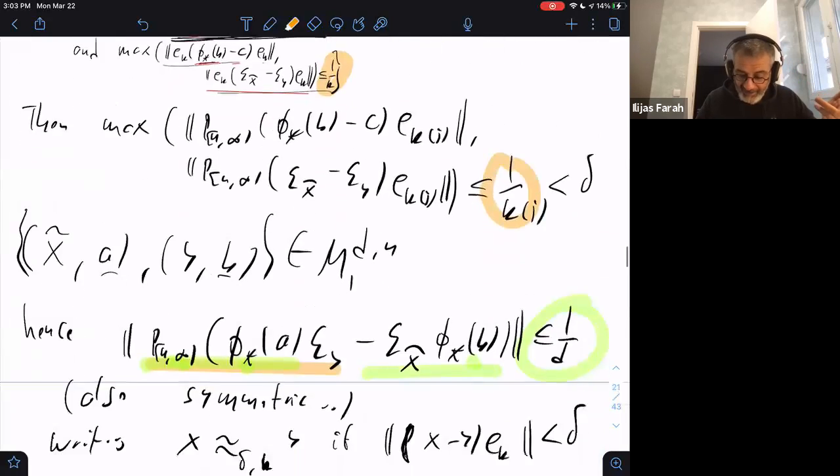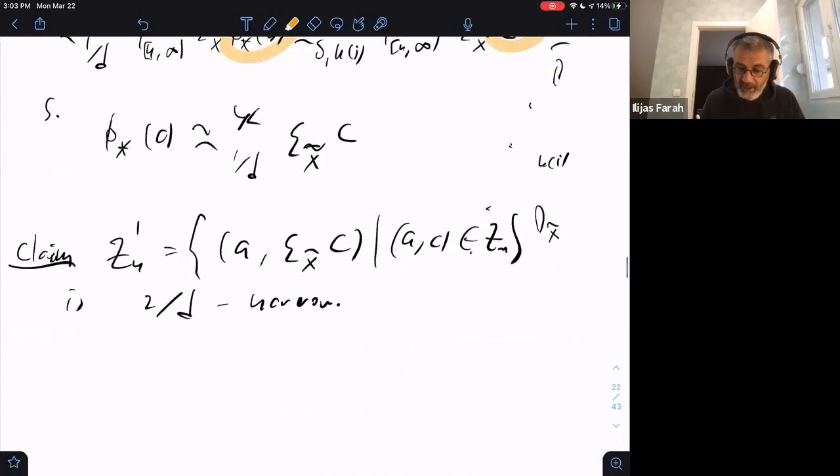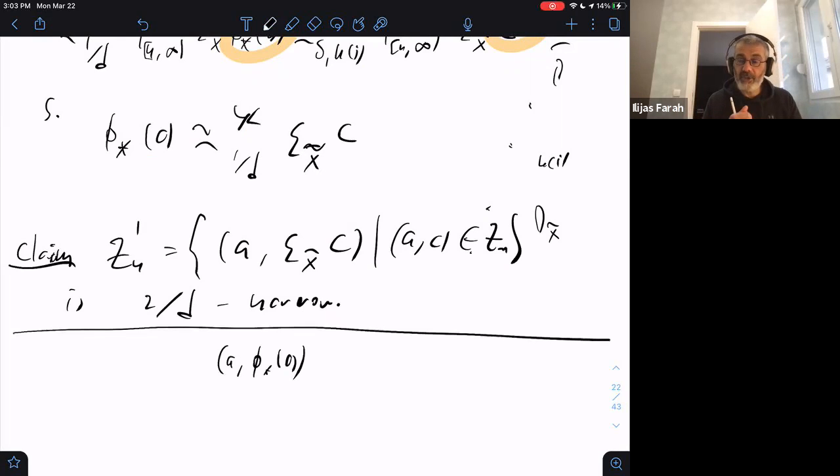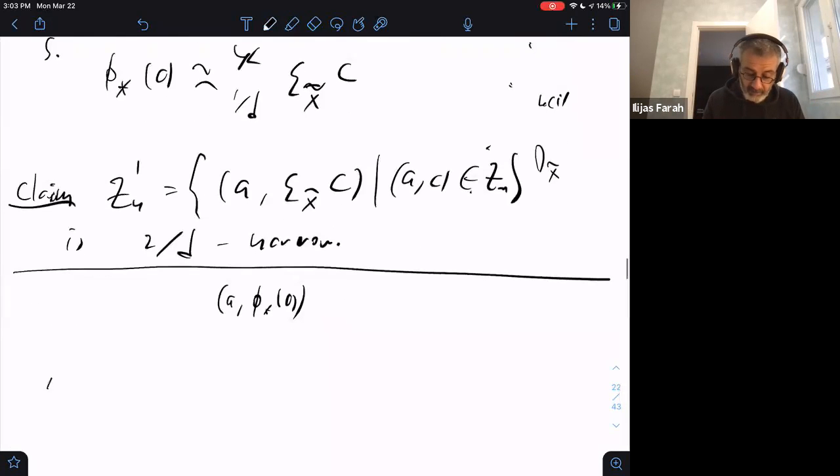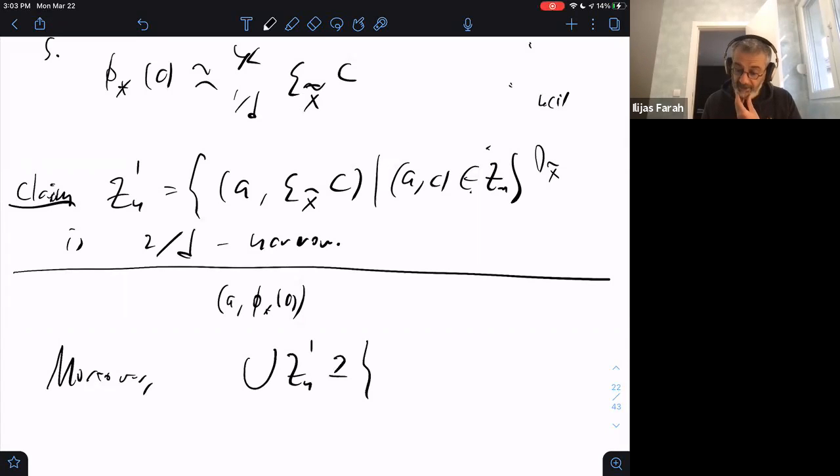Basically, this set here is obtained by just taking the graph of phi star and fattening it up, and it's included in that. So what we have is a set which is 2 over D narrow, and moreover, if I look at the union of Zn tildes, this covers the graph of phi, right?